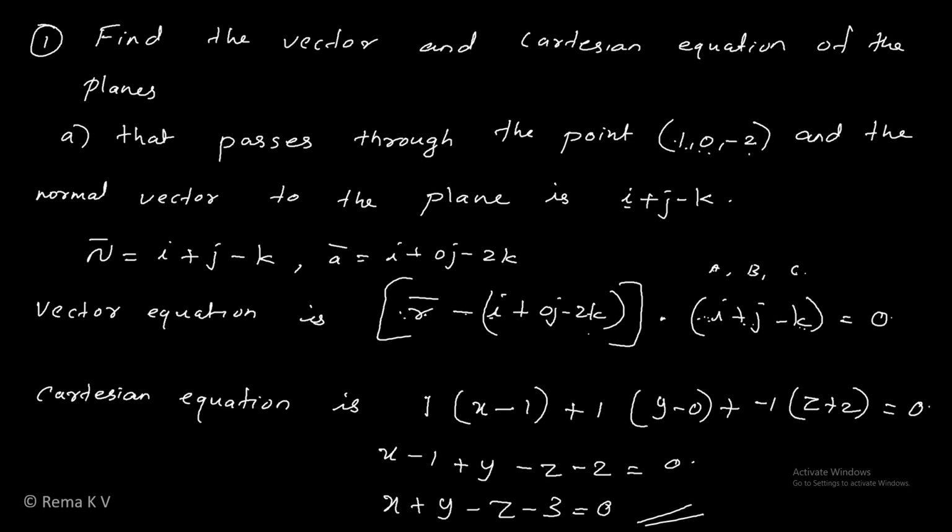So it is a into x minus x1, which is 1 here, then plus b, which is 1, into y minus y1, which is 0, plus c, which is minus 1, into z minus 2, is equal to 0.